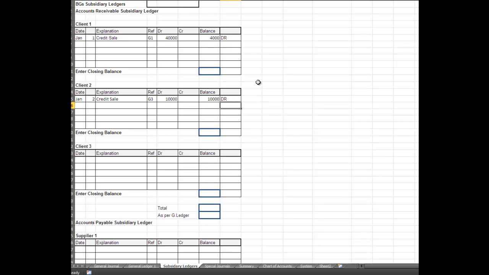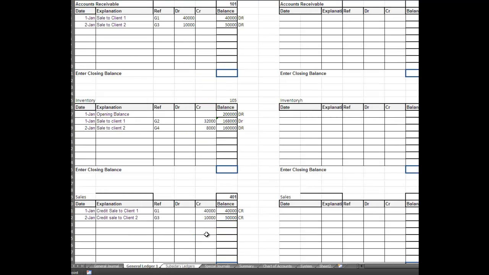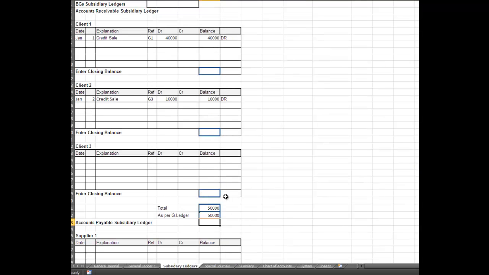Now, one other thing we would notice here, and this is where the concept of control account comes in, these are subsidiary ledgers, and the total of the subsidiary ledgers is $40,000 here, $10,000 here, so the total is $50,000. So we now need to go to the general ledger and look at accounts receivable to see if it is $50,000. So accounts receivable, general ledger, what's the total value of it? $50,000. And here is the concept of a control account.